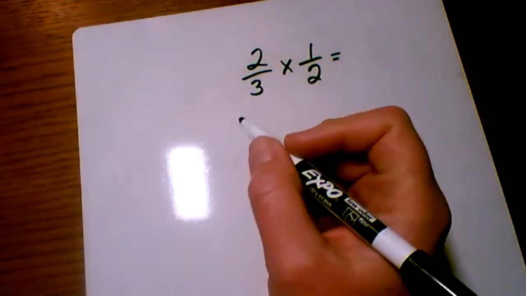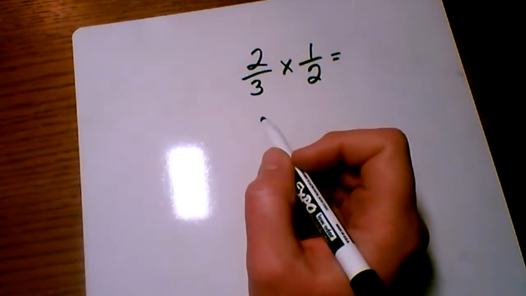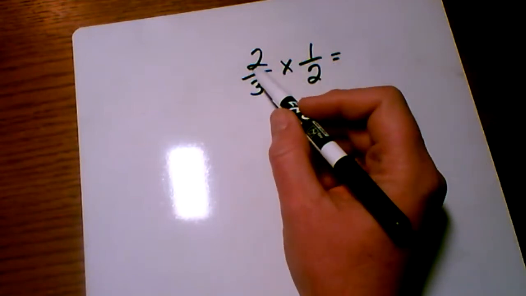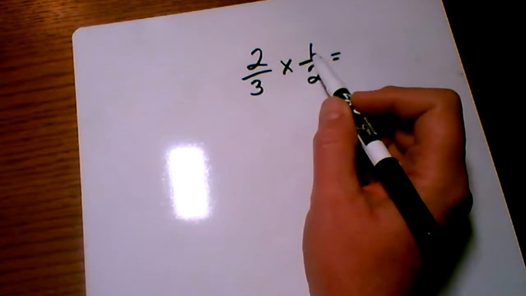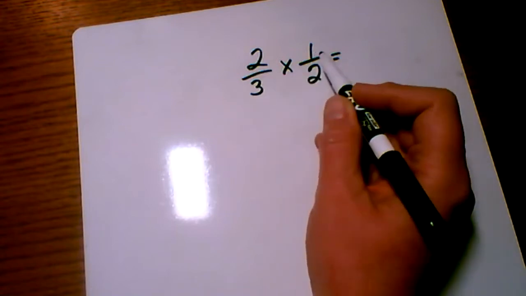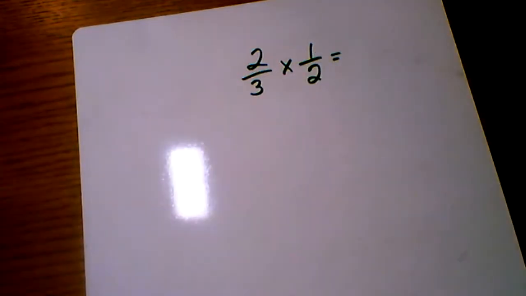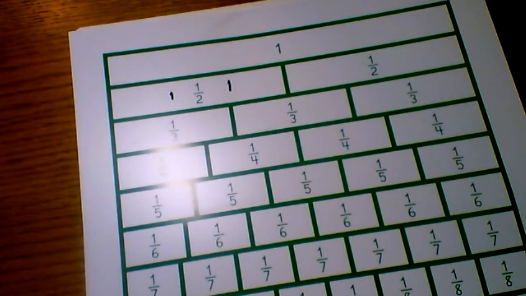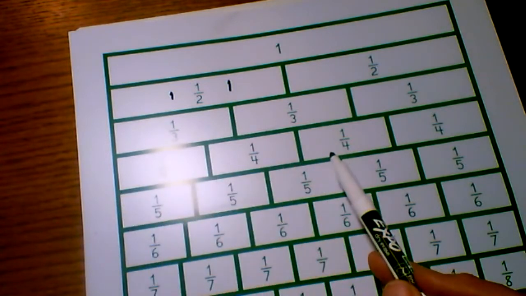Okay, so the second problem on the worksheet is asking what is 2/3 times 1/2, or what is 2/3 of 1/2. Now on the worksheet, they give you a partial fraction chart, and it does not include sixths. It only goes to fourths.